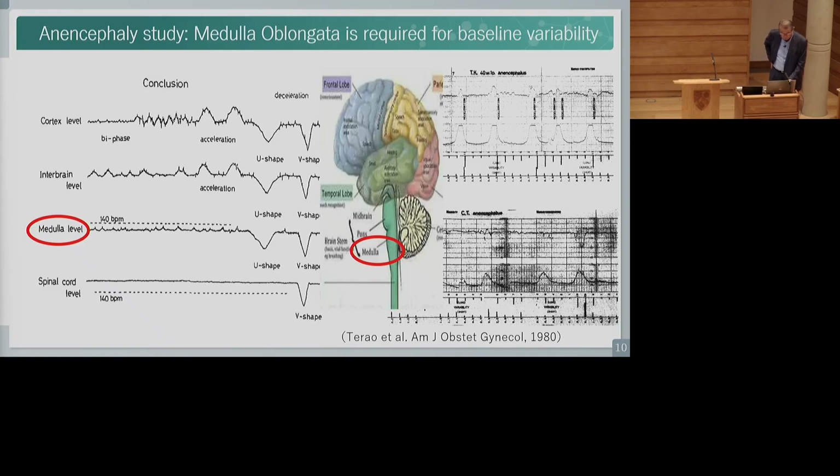They investigated CTG findings in anencephalic fetuses. Their results demonstrated that when the medulla oblongata was absent, baseline variability disappeared. Because the medulla contains major autonomic cardiovascular control centers, this finding suggests that an intact brainstem is essential for generating variability.